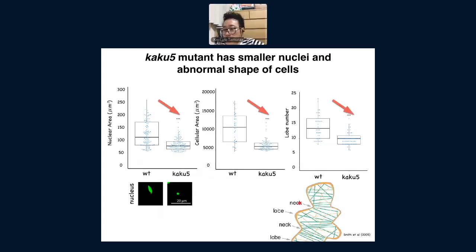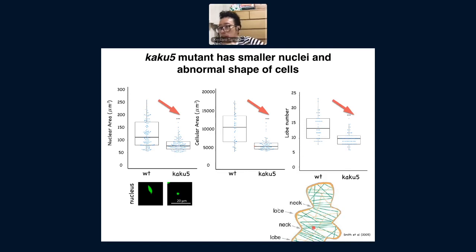So we first quantified both nuclear and cellular area of wild-type and KAK5 mutants. As shown here, KAK5 has significantly smaller nuclear area and cellular area too, compared to wild type. We also found that pavement cell shape is different from wild type.